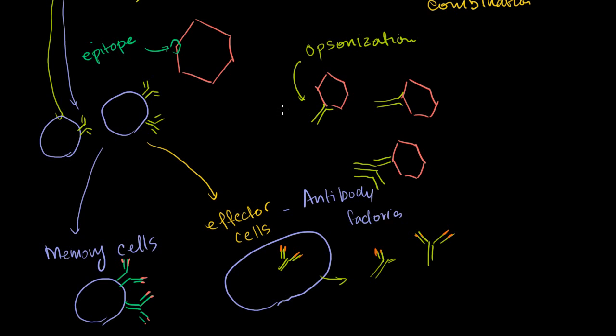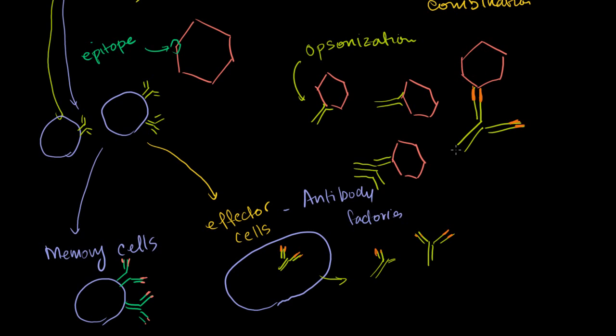And then the other thing is that on each of these antibodies, you have two identical heavy chains, I'll draw it like that, and then two identical light chains. And then they have a very specific variable portion on each one. And each of these branches can bond to the epitope on a virus.